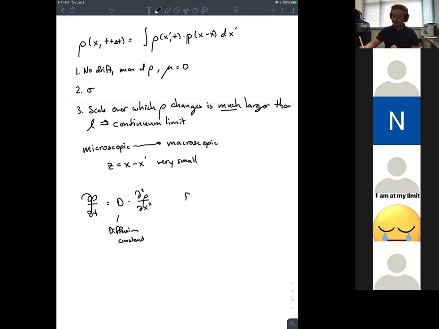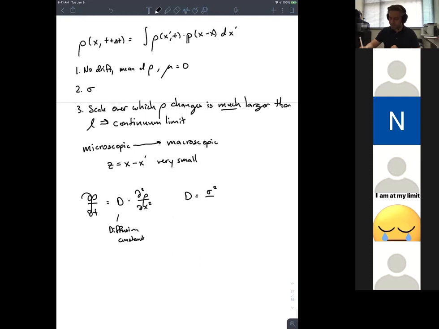This diffusion constant came out to be equal to the standard deviation of our distribution divided by 2 delta t, where delta t is the time interval between steps. So this is the diffusion equation. This is where we wound up on Wednesday.